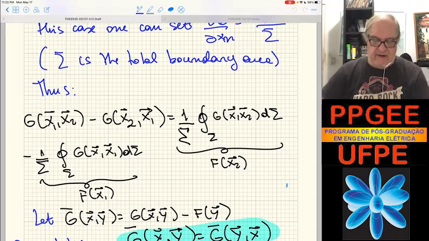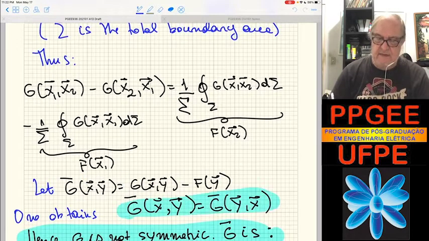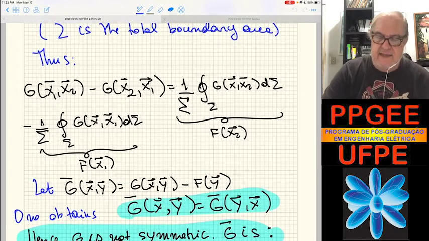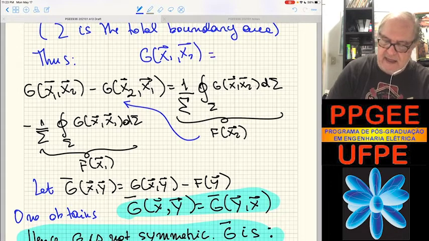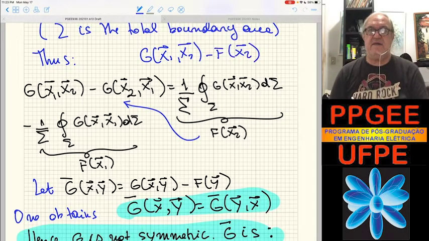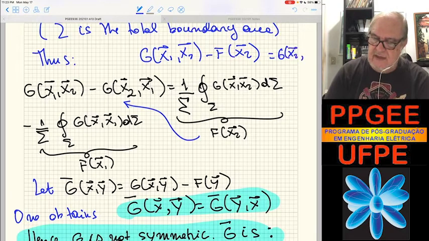But if you build the function g bar equals g minus f, okay? So you see here that I can move the f to the first member. I can make g of x1, x2 minus f of x2, right? Then we have one term. On the other side, I'm going to have equals g of x2, x1 minus f of x1.